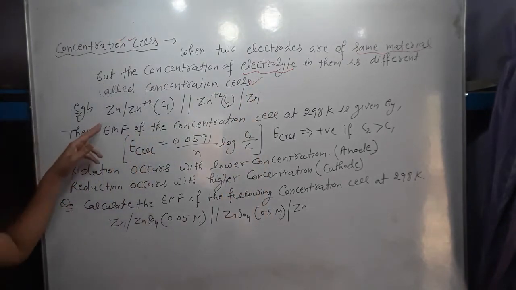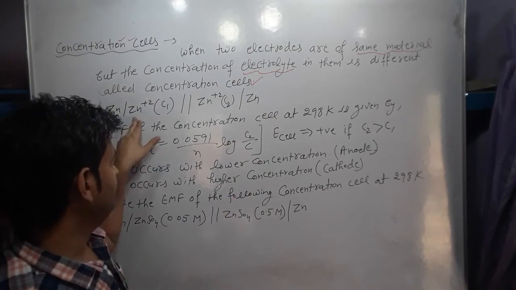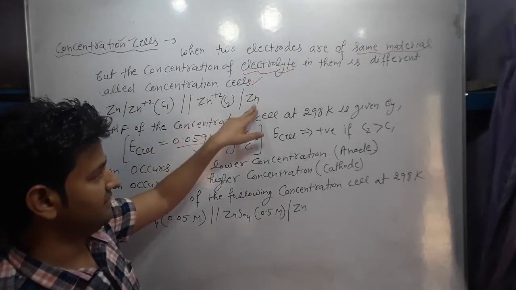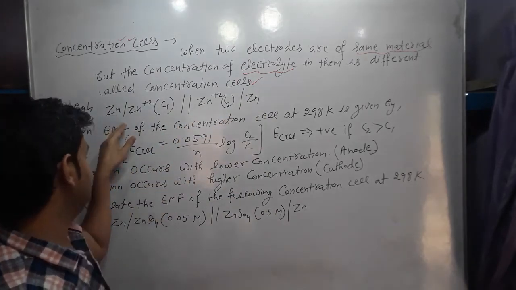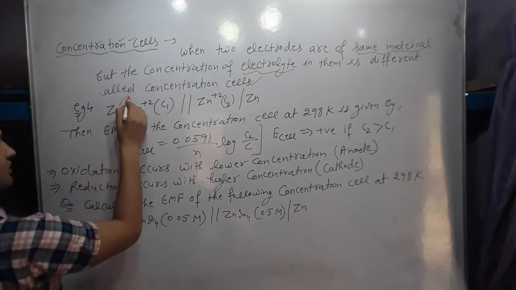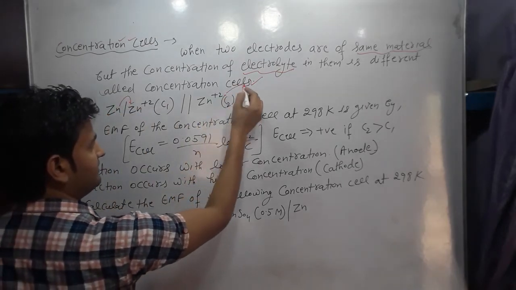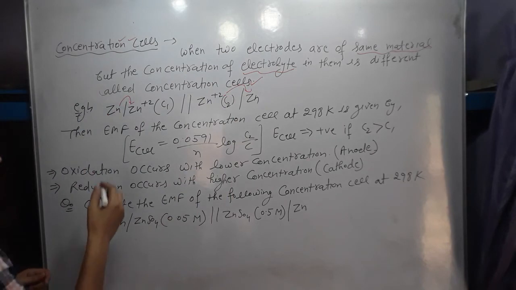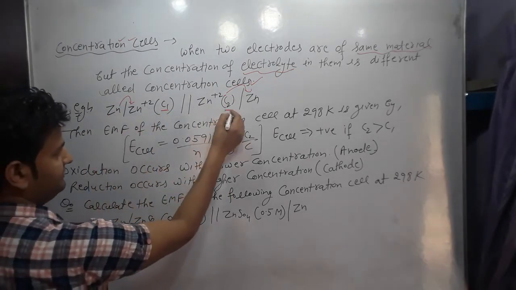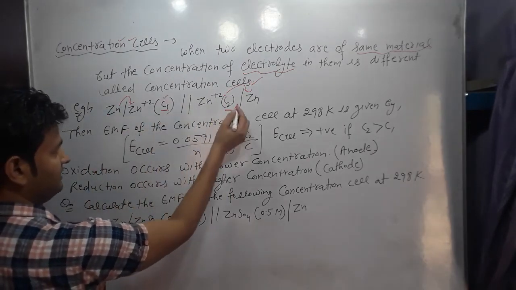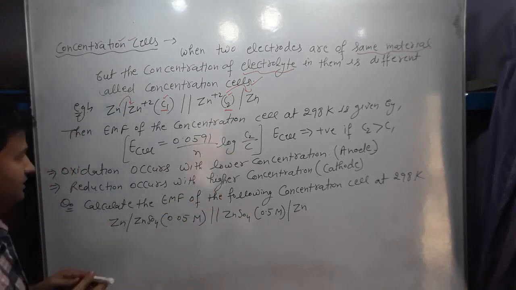For example, we take zinc and zinc ions. In the first case zinc undergoes oxidation and here zinc ion undergoes reduction, but the concentration is different. The zinc ion concentration here is C1, in this case C2.